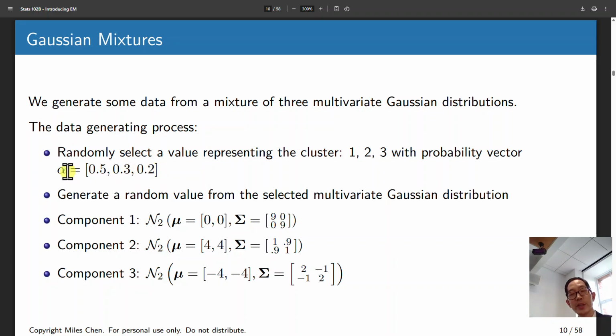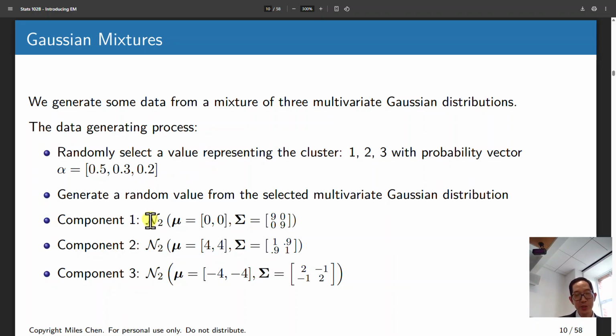This vector alpha represents the mixture proportions, kind of like the recipe of our data. Alpha can be a vector of any length, depending on how many distributions you're mixing together, and the sum of alpha has to be 1.